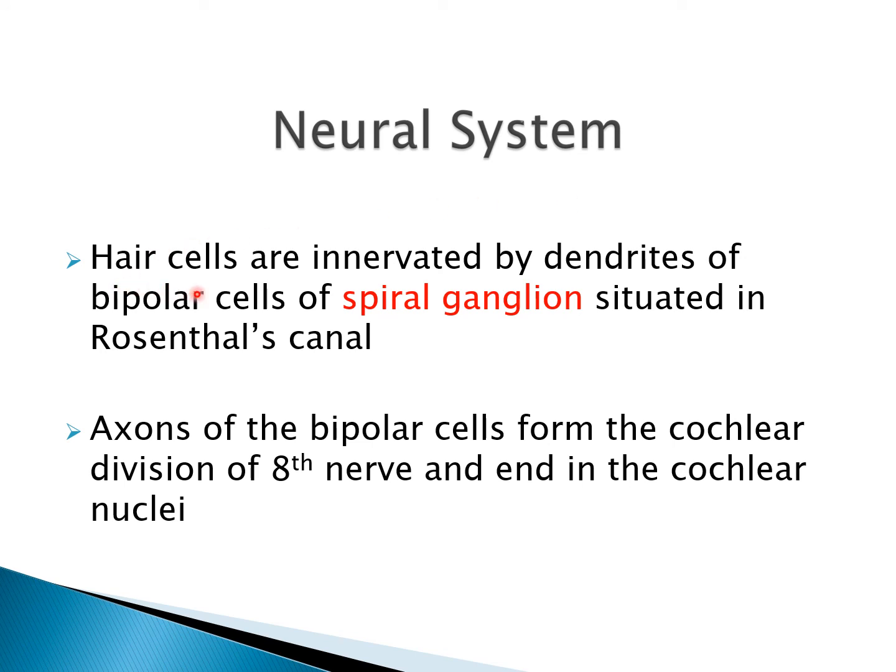So the hair cells are innervated by the dendrites of the bipolar cells of the spiral ganglia, which are situated in the Rosenthal canal. Now axons of the bipolar cells form the cochlear division of the eighth nerve and end in the cochlear nuclei. So all the axons of these cells combine to form the eighth nerve, and this eighth nerve ends in the cochlear nuclei.